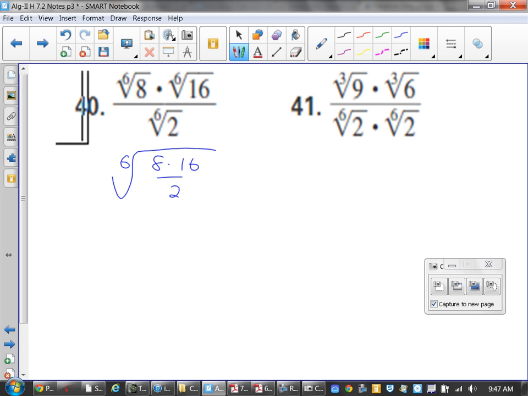Now, in the other one, I can't do that with the whole fraction though. So this is just a general question. Wouldn't something times something divided by something work if it's divided by 2, you can just divide one of the pieces that you're multiplying by 2? What's 3 times 4 divided by 2? 6.